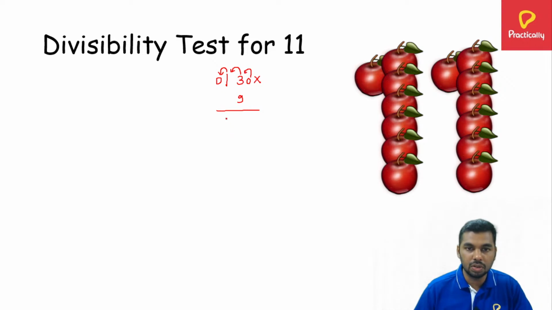So what is 1 minus 0? It is 1. 3 minus 1 is 2. 0 minus 3 is what we call a vinculum or 3 bar. So this is minus 3. So you can write it as 100 plus 20 minus 3, which is 117.